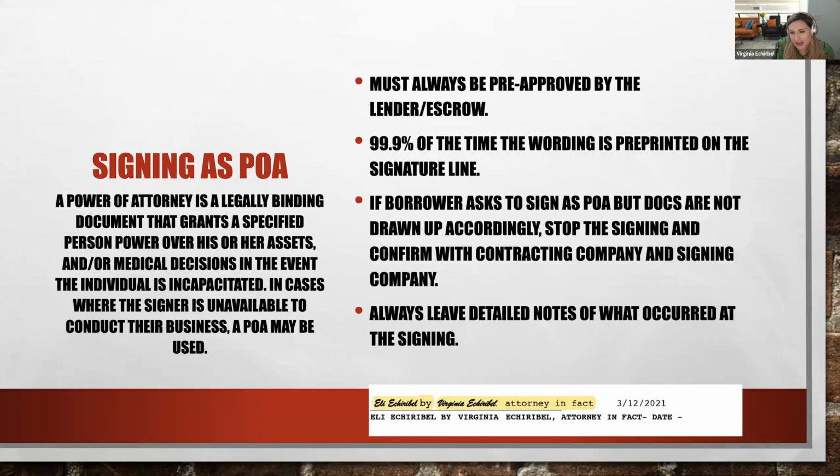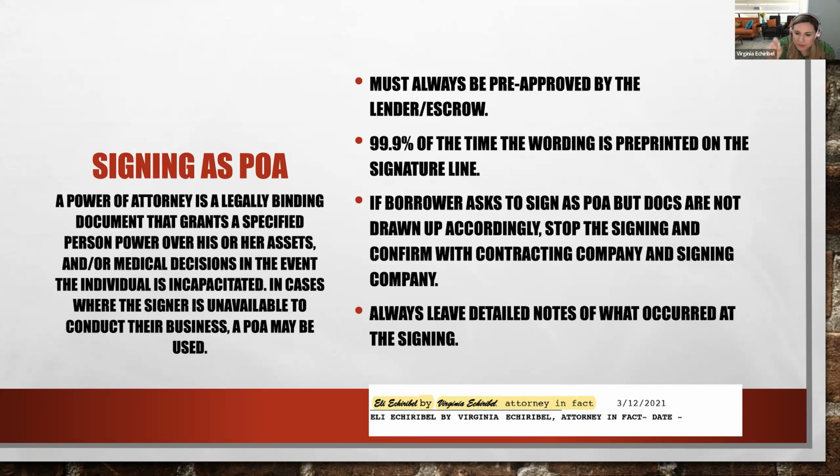So if you're at the signing table and there's no POA signature line, it looks like this one right here, and the borrower says, hey, I really can't sign, but I have POA, so we're going to sign like that, you stop what you're doing. Stop the signing, confirm with everyone: contracting company, signing company, escrow, lender, whoever. I would say escrow and signing company first, because in this example, the lender apparently knew and just never drew up the docs, really weird. But you want to stop what you're doing, because that signature line is going to have the POA 99.9% of the time.